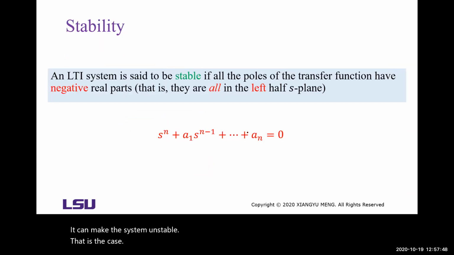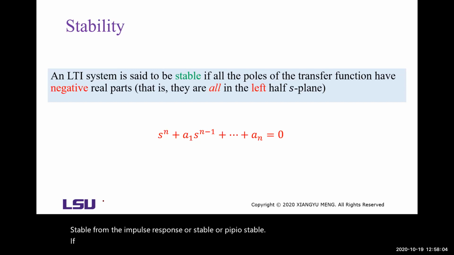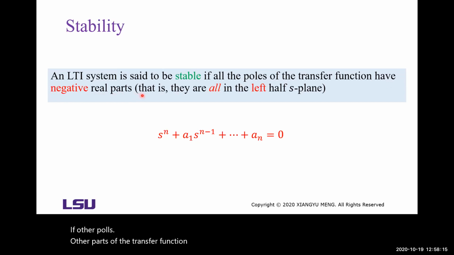Therefore, we know an LTI system, a linear time invariant system, is stable, whether stable from the impulse response or BIBO stable, if all the poles of the transfer function have negative real parts.